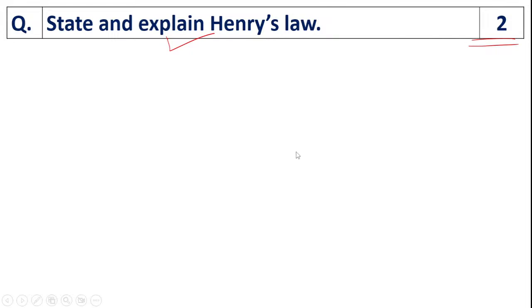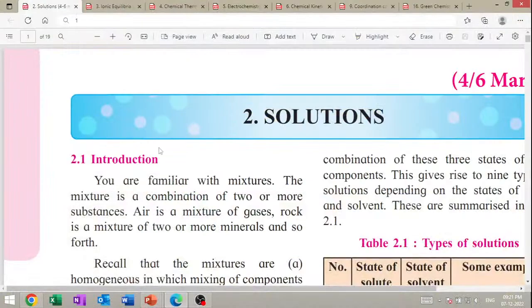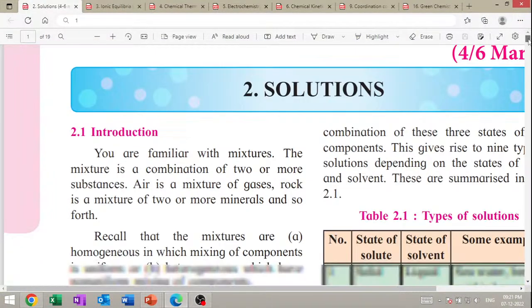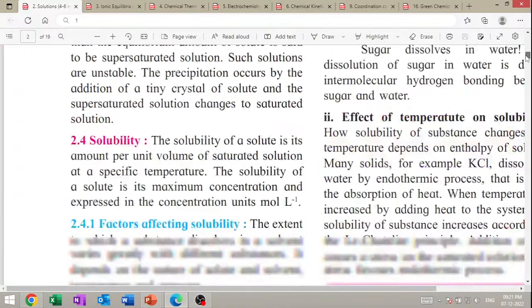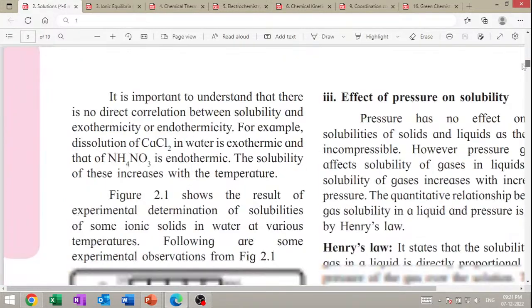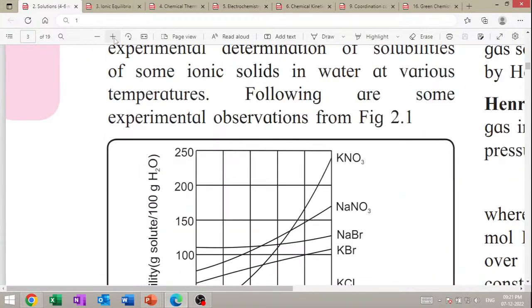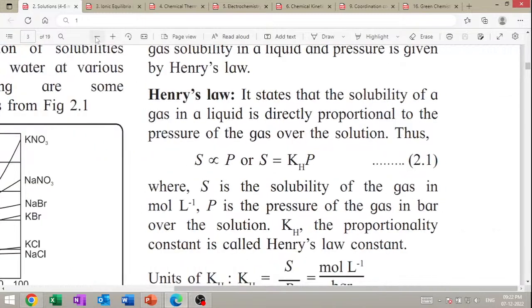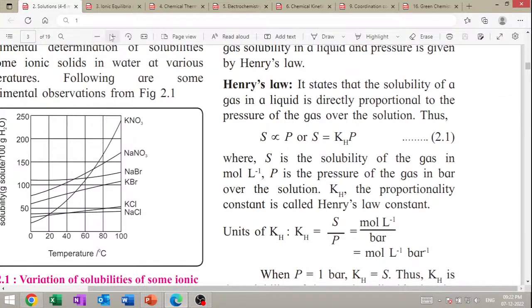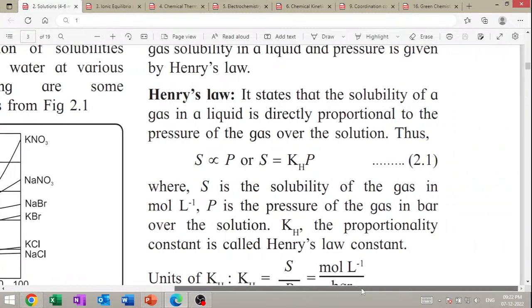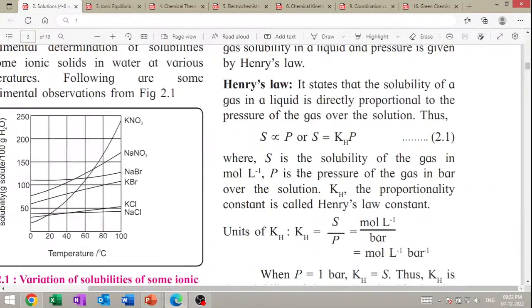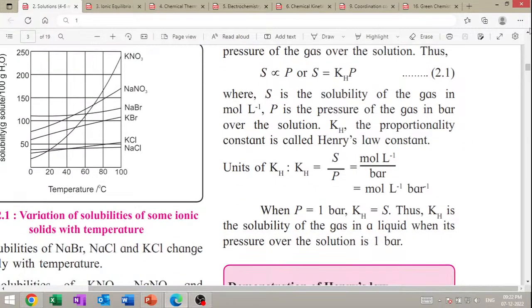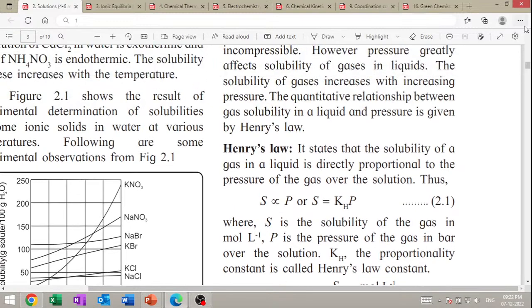Okay, this is a question from the solutions chapter. That's Henry's law. Then, what is meant by Henry's law?